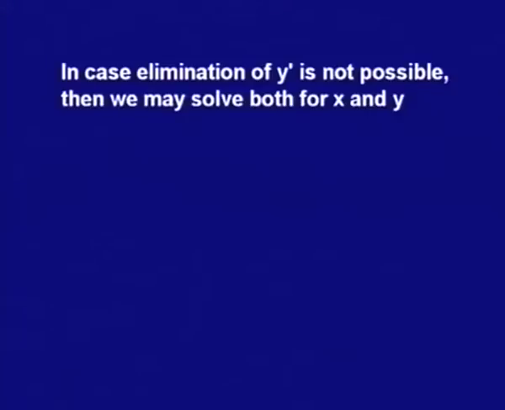Then what we do is we solve for both x and y and we write the solution in this form. This is again a form of solution where x is a function of y dash and c and y is also a function of y dash and c, and of course, they are different functions. Here y dash is not being considered as dy over dx, rather we are giving the solution in terms of y dash.